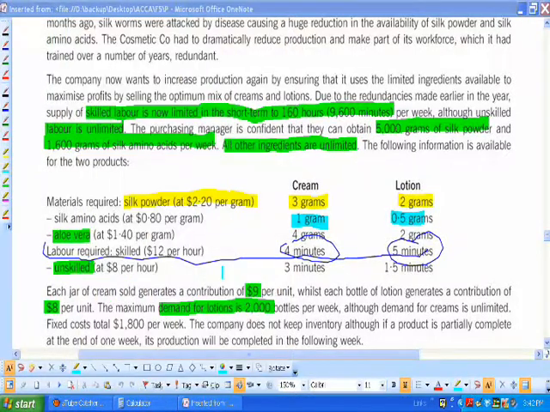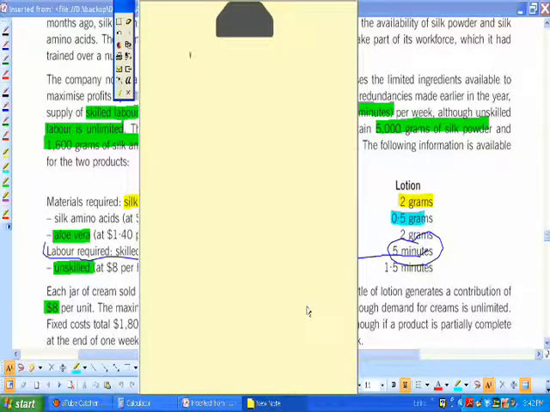To draw the graph, the first thing we need to do is draw two axes, a vertical axis and a horizontal axis. We shall let the vertical one be y and the horizontal one be x.